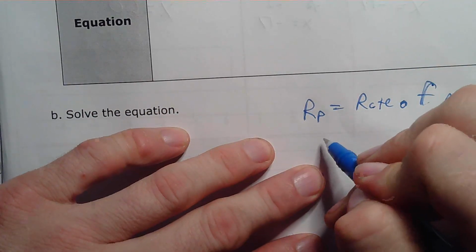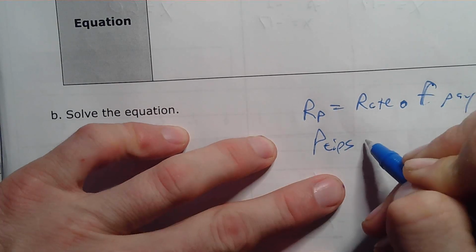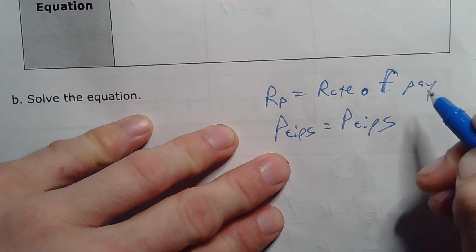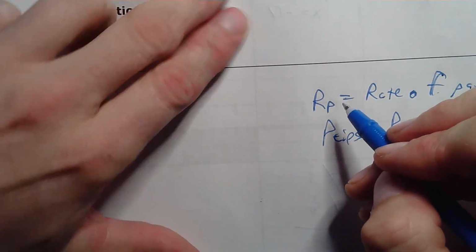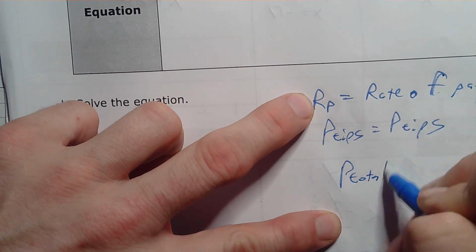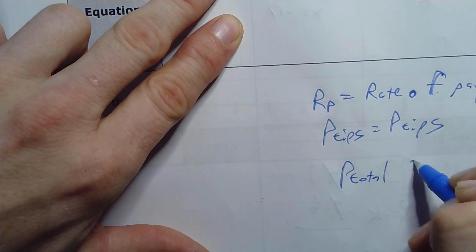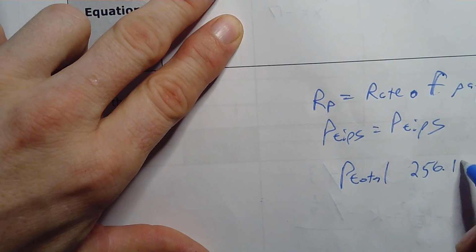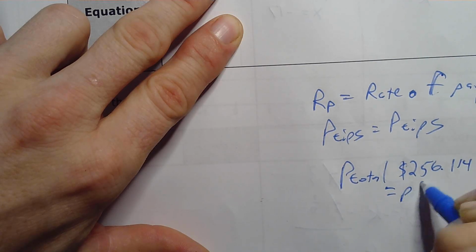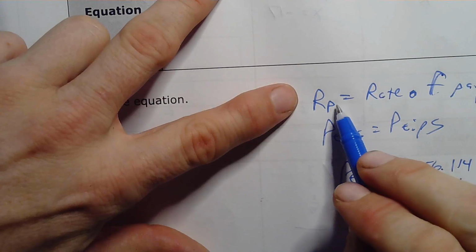My pay and tips is pay and tips, and then my total pay: he wants to earn $256.14. That equals pay total.